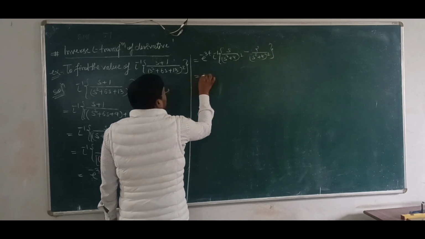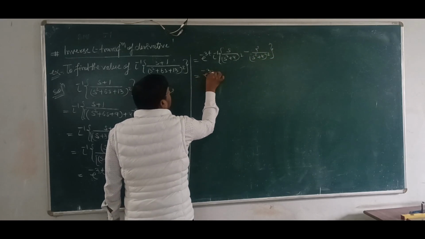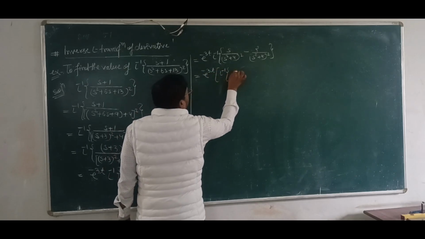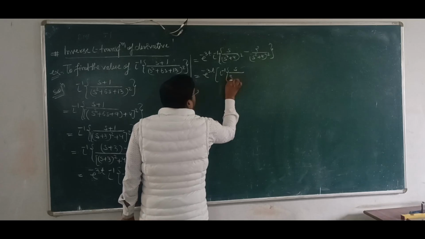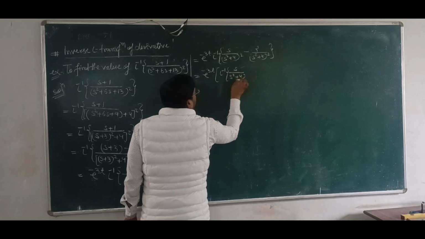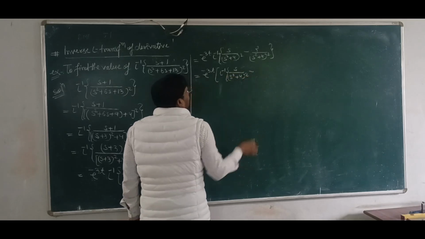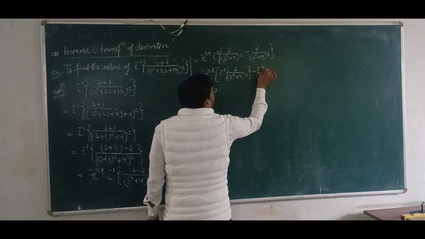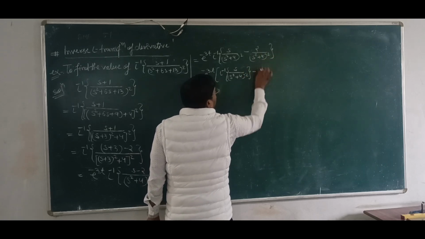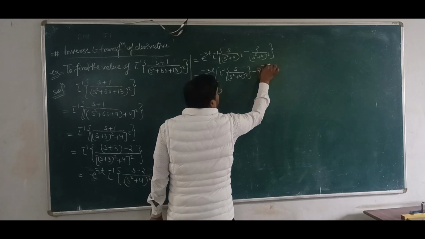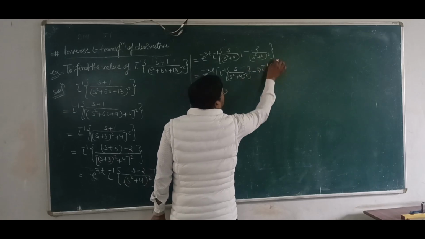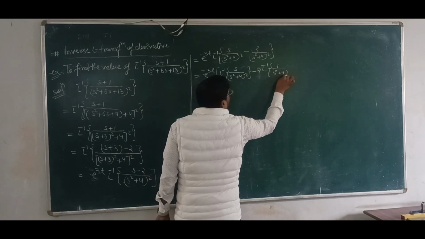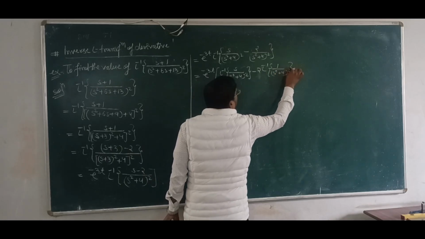Now you can write e to the power minus 3t, inverse Laplace of s upon (s square plus 4) to the whole power 2 minus 2 inverse Laplace of 1 upon (s square plus 4) to the whole power 2.